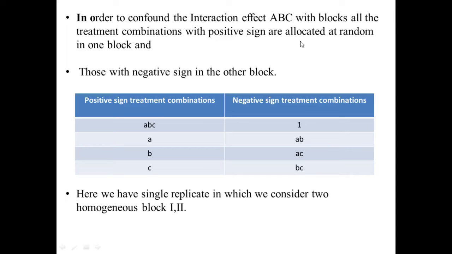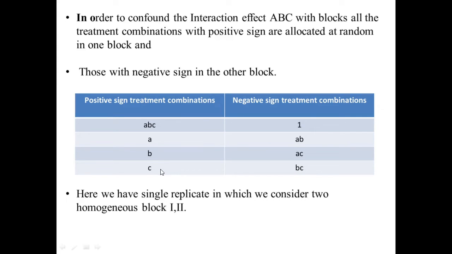In block 1 we consider all treatment combinations which have a positive sign, and in block 2 all those which have a negative sign. So we separate treatment combinations with positive and negative signs.